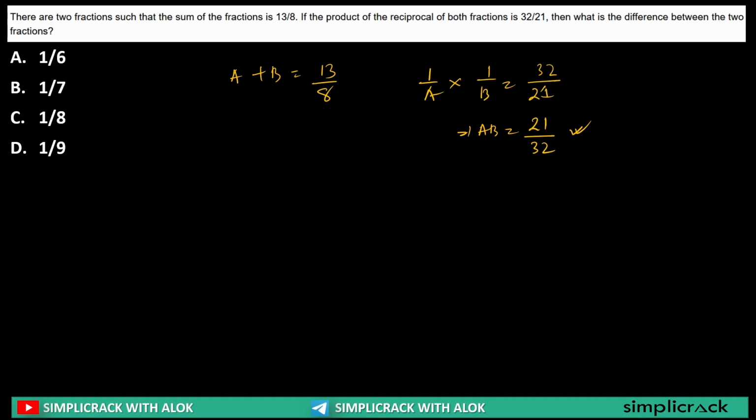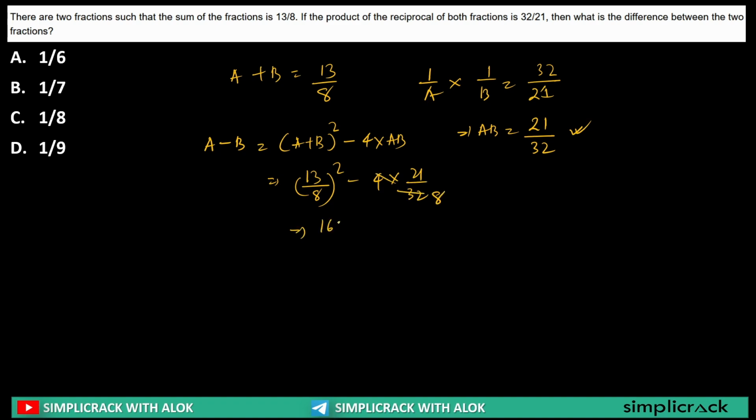Then what is the difference between the two fractions? So it has asked A minus B. A minus B whole square can be written as A plus B whole square minus 4 into AB. A plus B whole square is equal to 13 by 8 whole square minus 4 into 21 by 32. So it can be written 169 by 64 minus 21 by 8.